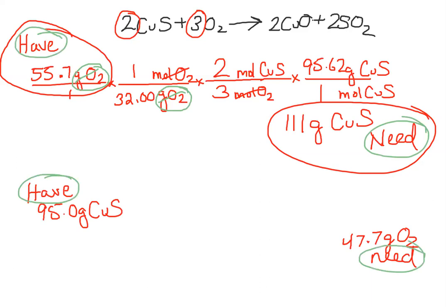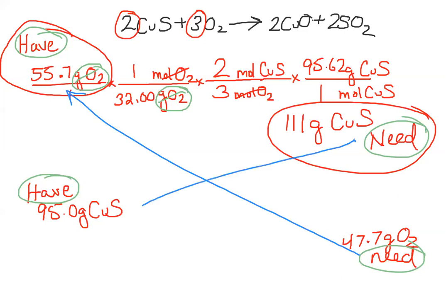We need 47.7 grams of oxygen, we have 55.7. We need 111 grams of copper sulfide, we have 95.0. So which one is limiting and which one is excess? Okay, when you have more, so we need 111 grams of copper sulfide, and we have 95.